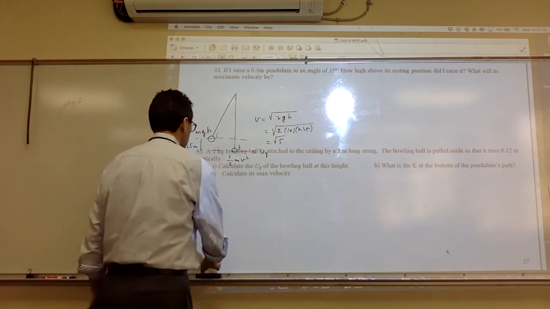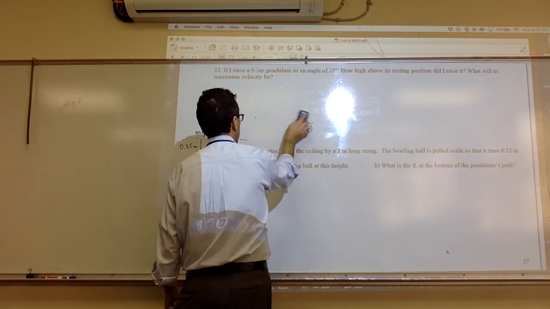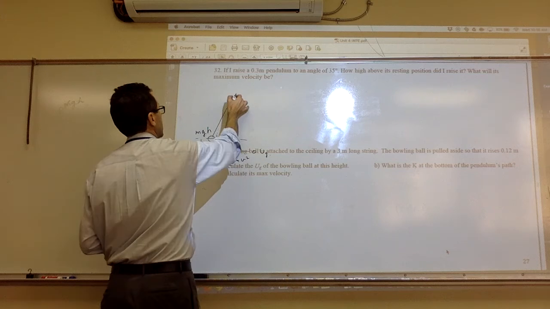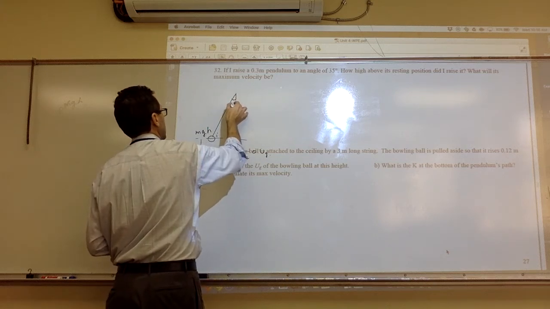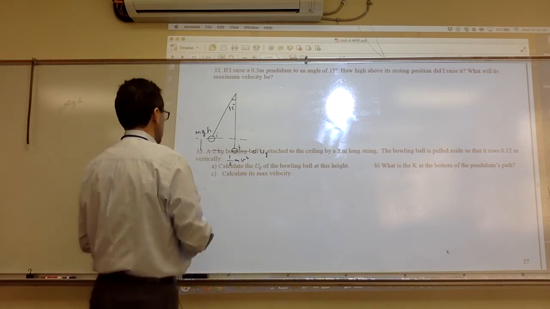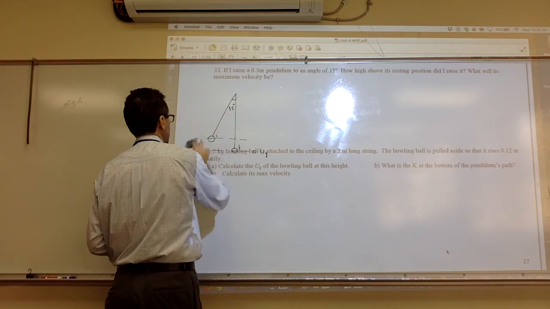All right, let's look at number 32. Okay, this time it's a little different. So they're giving us an angle this time. Okay, so this angle here is 35 degrees. How high above its resting position did it rise? All right, so I think we can figure out the height.